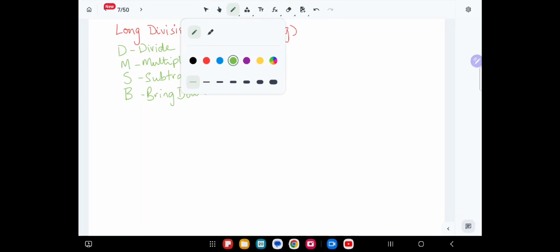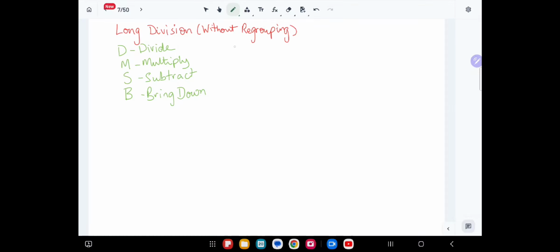So let's look at an example here. Let's say we have 369 divided by 3. We have the dividend, which is 369, divided by the divisor, which is 3.